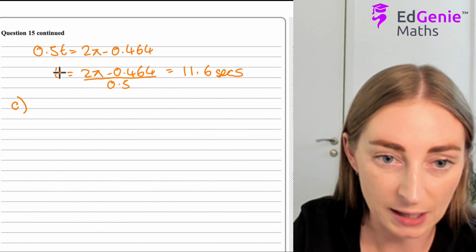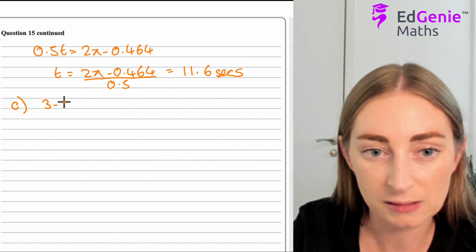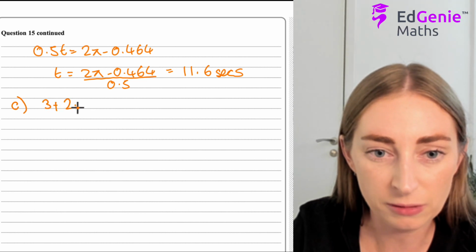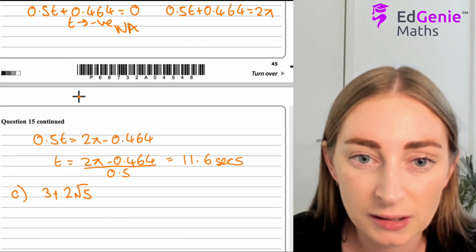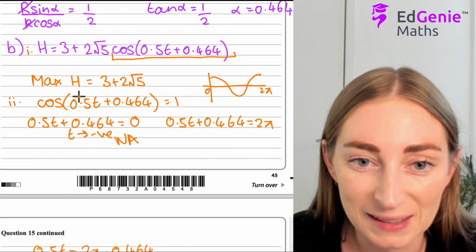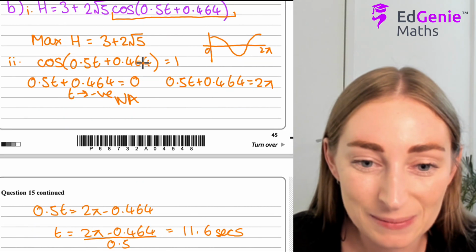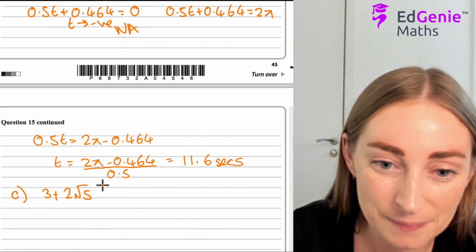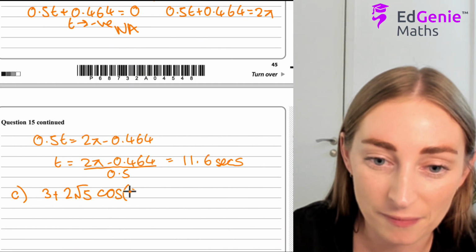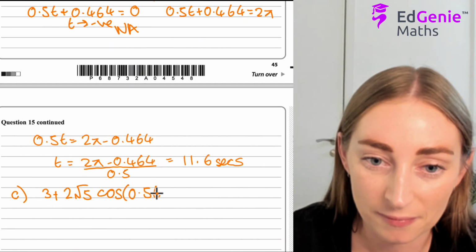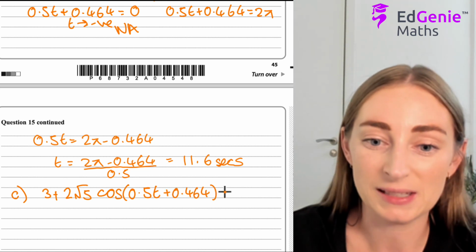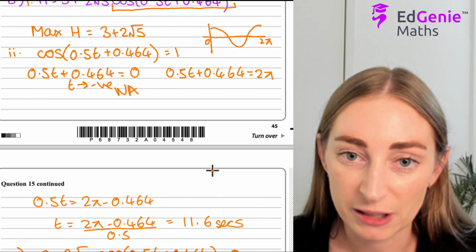This is going to be when 3 minus, was it minus or plus, 2 root 5, where is it? There it is, cos 0.5 equals to 0. Did I write that out right?